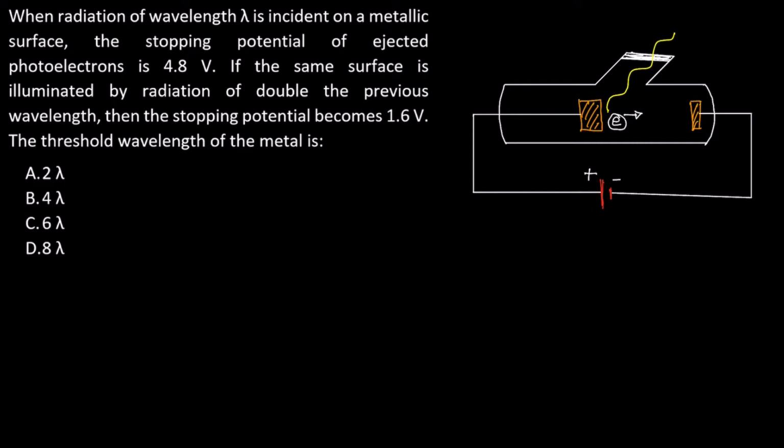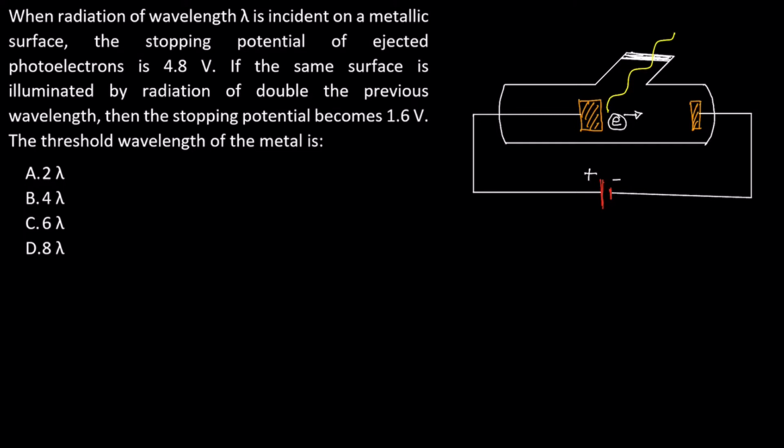Each electron comes out of the metal surface if the metal is hit by photons having sufficient energy. That is why we have this requirement of minimum frequency. Now the photoelectrons that come out of the metal surface come out with varying velocities, hence with varying kinetic energies.